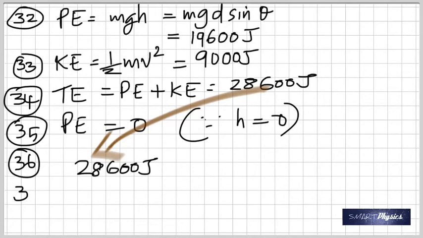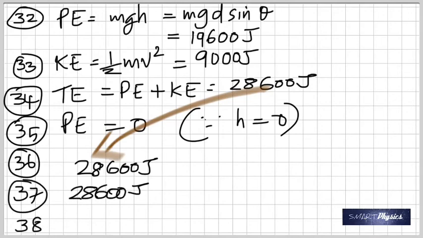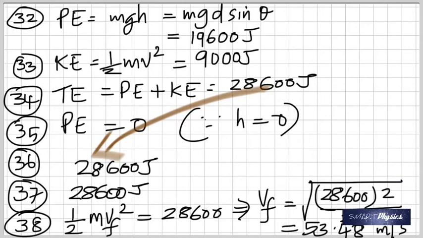Because the total energy means potential plus kinetic, isn't it? Potential is 0 because the height is 0. Therefore, whatever is the total should be the kinetic. Okay, so the kinetic energy is 28,600 joules. Get 53.48 meters per second for the velocity.